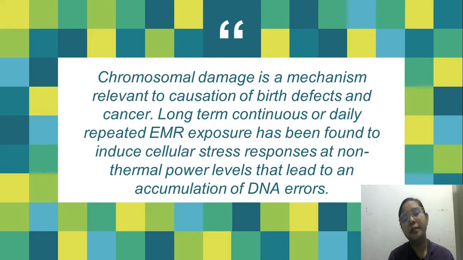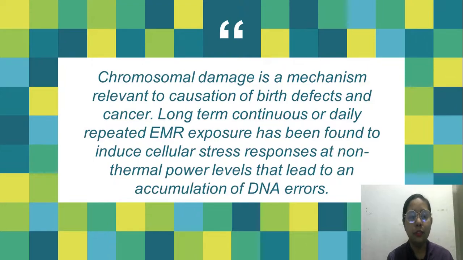Chromosomal damage is a mechanism relevant to causation of birth defects and cancer. Long-term continuous or daily repeated electromagnetic radiation exposure has been found to induce cellular stress responses at non-thermal power levels that lead to an accumulation of DNA error.